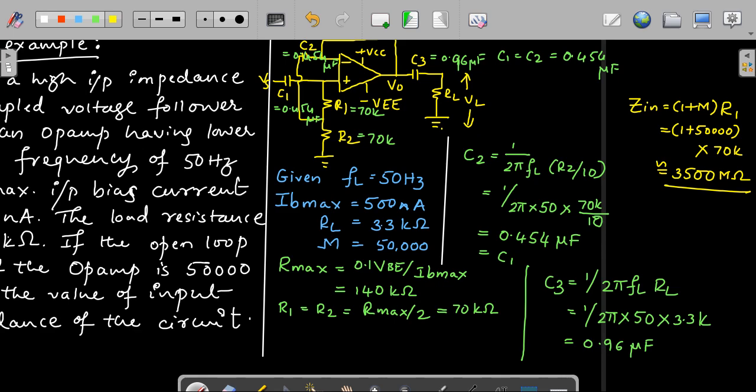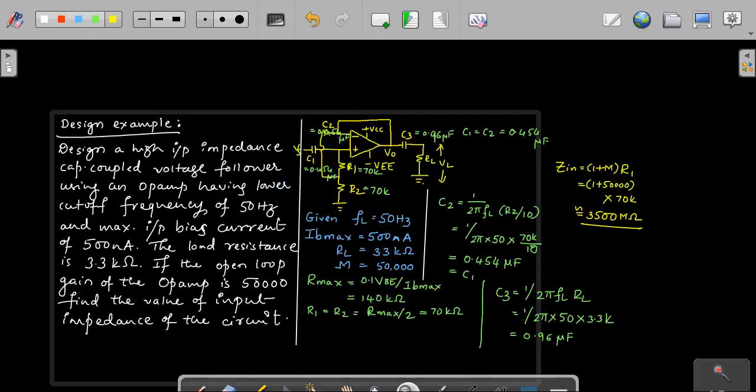I hope all of you have copied down these things, and you have even followed how to make the calculations as far as the circuit components of the high input impedance capacitor coupled voltage follower circuit are concerned.